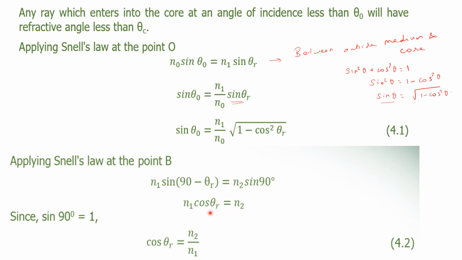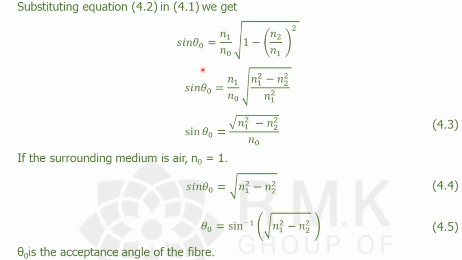From this I can write cos theta r is equal to n2 by n1, which I can substitute for cos square theta r. So sin theta naught is equal to n1 by n0 square root of 1 minus (n2 by n1) whole square. Where cos square theta r is there, I have substituted n2 by n1.